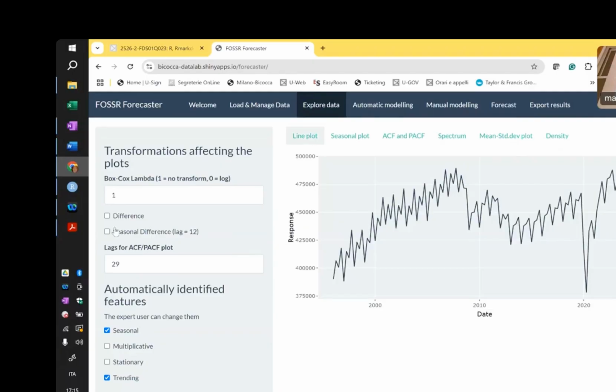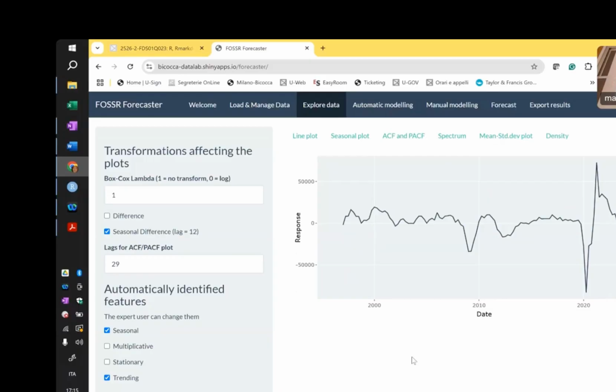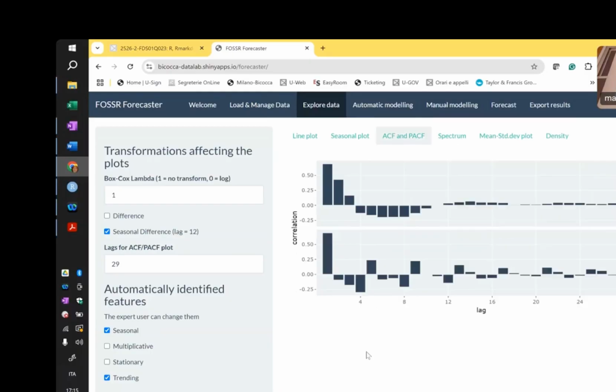So we say, okay, the seasonal difference we have to take. Is this stationary? Yeah, probably it's stationary. If it's stationary, we can look at the autocorrelation function and partial autocorrelation function. So let's try to read this. Clearly, again, we do have something autoregressive because this is going to 0.